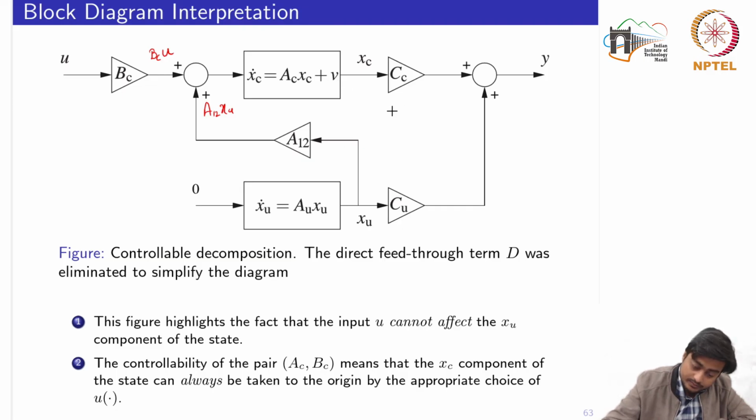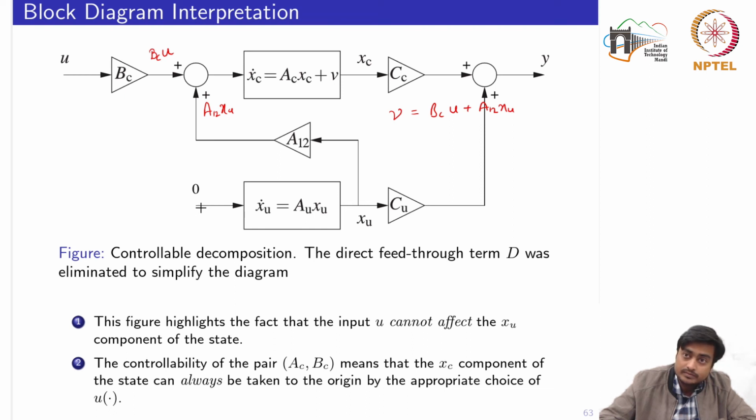So this nu is nothing but your B c u plus A 1 2 x u, and the rest is A c x c, multiplied by C c, we would have the y matrix. So you would see that x c is only being influenced by u. And x u, there is no input, or you can say it's driven by 0. So this is the uncontrollable part, because you cannot control it, since the input would always be 0. You cannot manipulate the input.